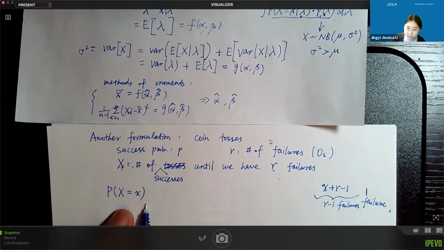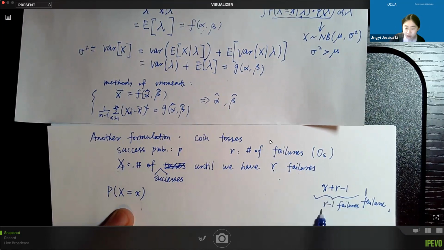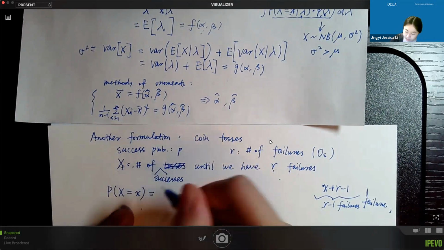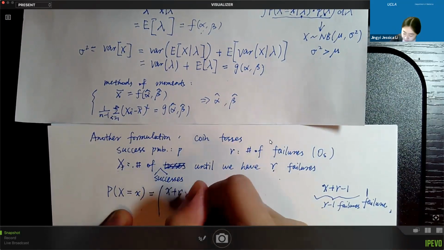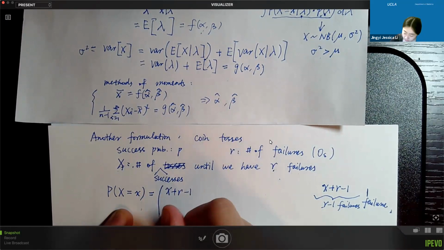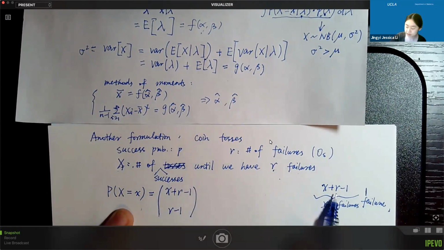So therefore, the probability is about, among all the possibilities, how many cases will we have that among the first X plus R minus 1 tosses, we have R minus 1 failures. So for the first X plus R minus 1, we have so many ways to choose R minus 1 failures.